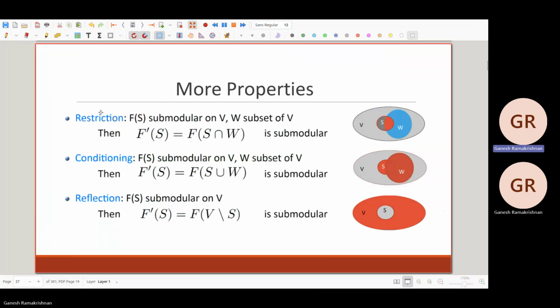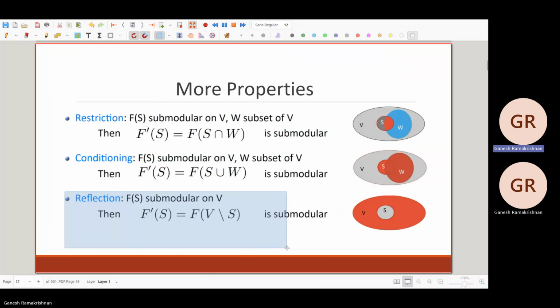This is called restriction. I'm restricting S to W. The second is conditioning. Every time I ask F on S, I also include W: S union W. That is conditioning. If I condition, it's still submodular. If I restrict, it's still submodular.